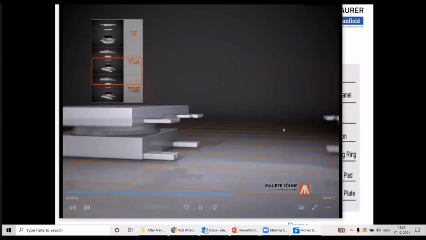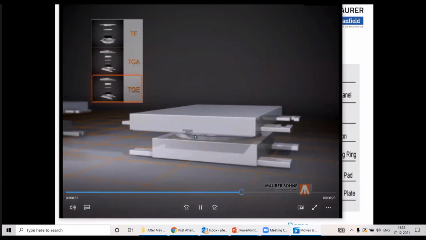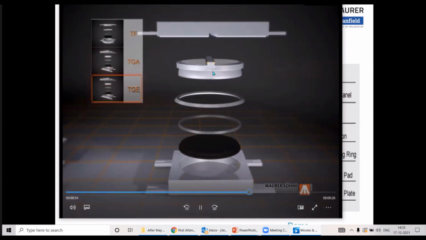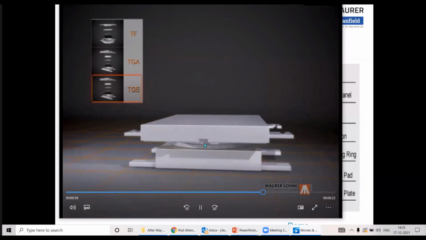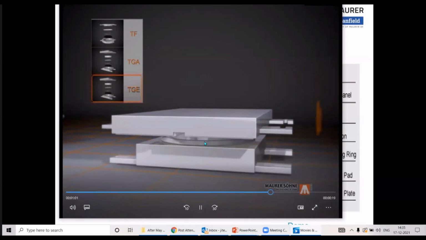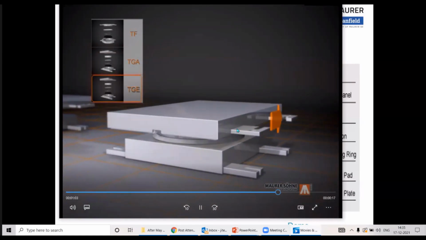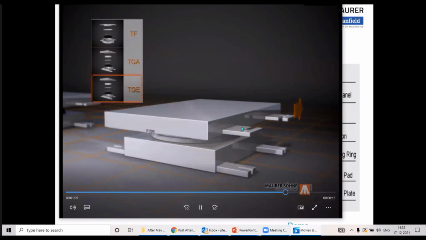And the third configuration of a pot bearing is the guided bearing, which has some guides or locking keys which restrict the movement of the bearing in one direction, and the bearing is then only free to move in the other direction.